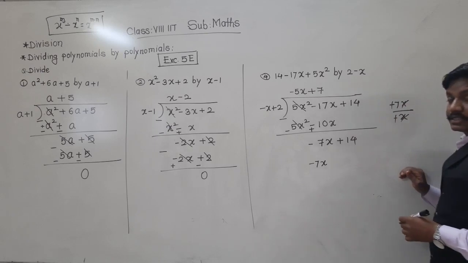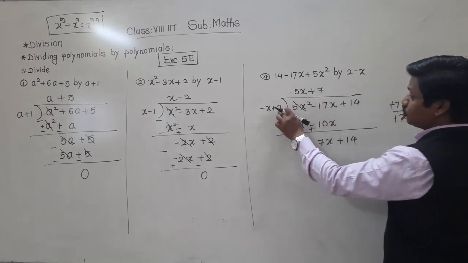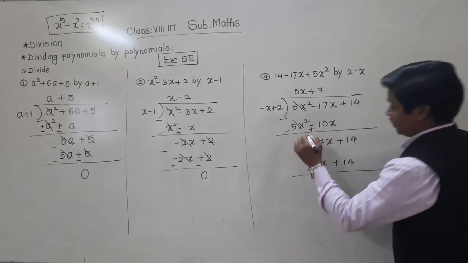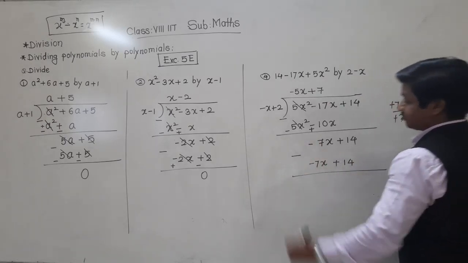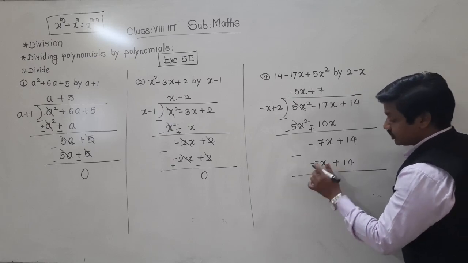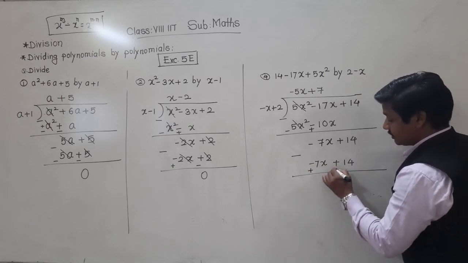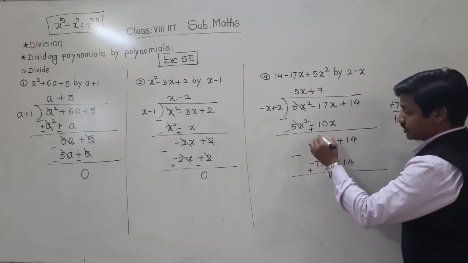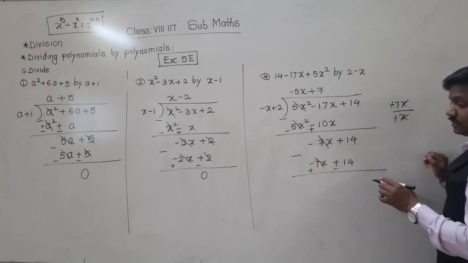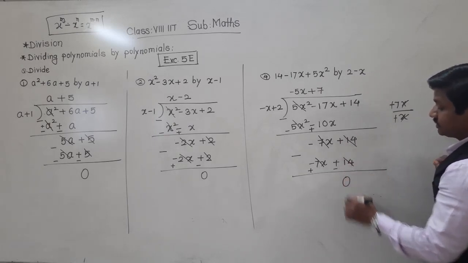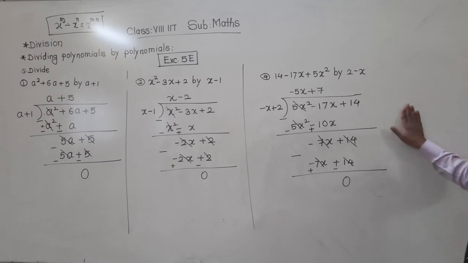Minus 7x. 7 into 2, plus 14. Subtract. Now due to the subtraction sign, the signs of these two terms will get changed. Plus, here minus. Minus 7x plus 7x, opposite to each other, gets cut. Plus 14 minus 14, again opposite numbers, gets cut, answer 0.